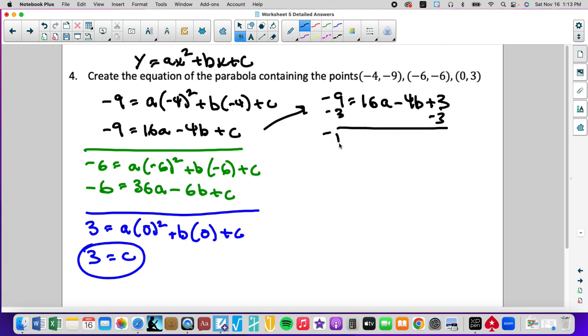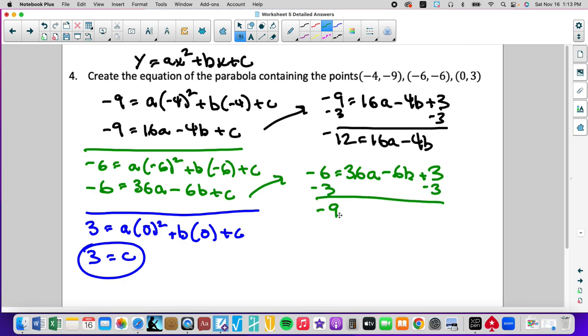We get -12 equals 16a minus 4b. And now we'll take this equation and do -6 equals 36a minus 6b plus 3. We'll subtract 3 from both sides. That's -9 equals 36a minus 6b. And now we have two equations.